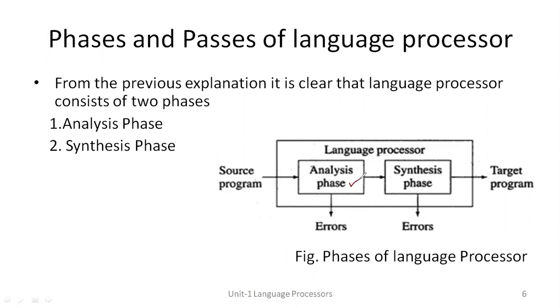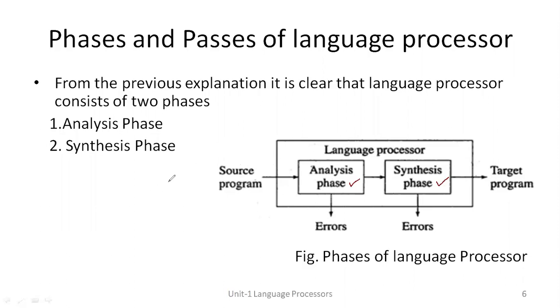First one is analysis phase, second one is synthesis phase. Source program is given as input to the analysis phase. If any errors are there, analysis phase will give errors. If there are no errors, synthesis phase will come into picture. If errors are there, synthesis phase will also give errors, and at last the target program will be generated.